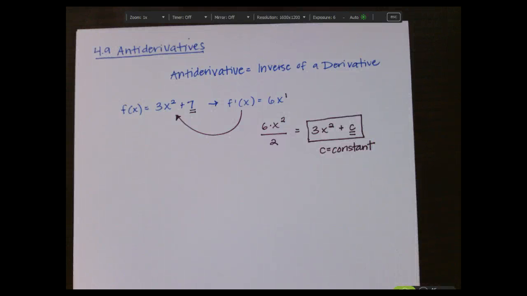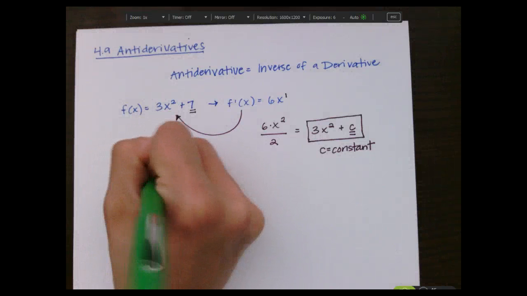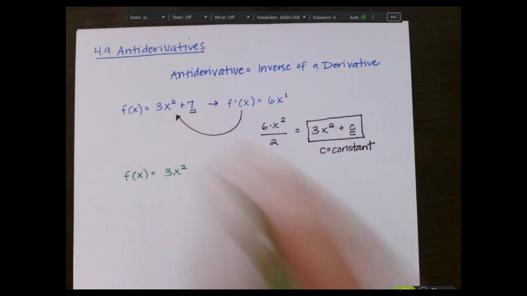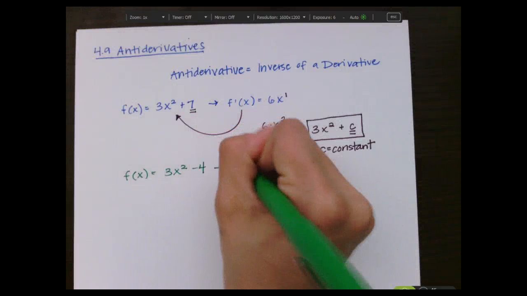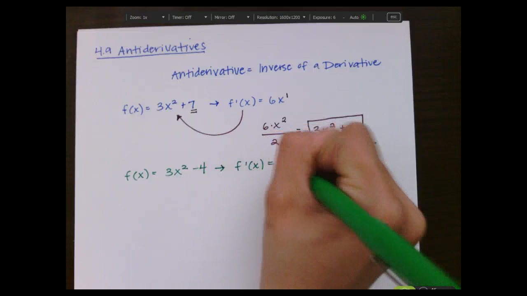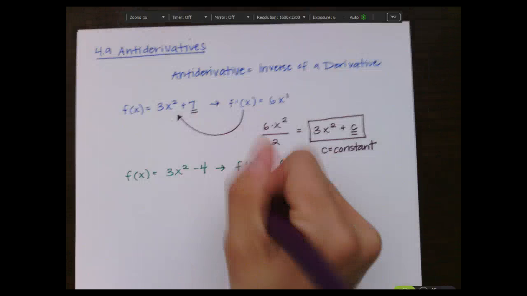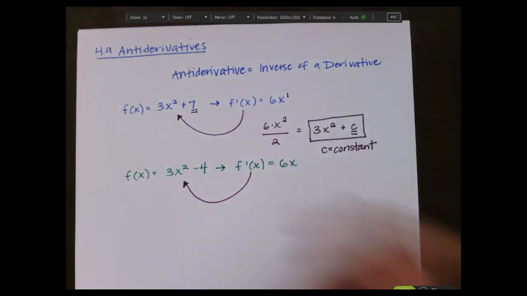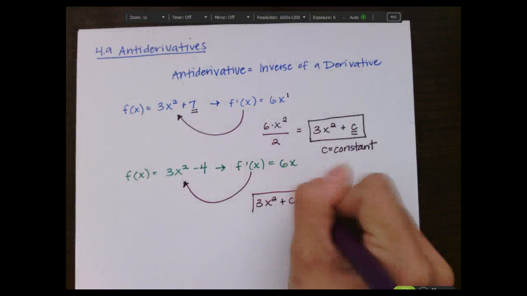And the reason that we're not actually addressing the 7 and instead just using a c is that if I changed this original function around just a bit and made it 3x squared minus 4 and took its derivative, it turns out I'd get the exact same function, 6x. So performing the antiderivative operation, I would once again get 3x squared plus some constant c.